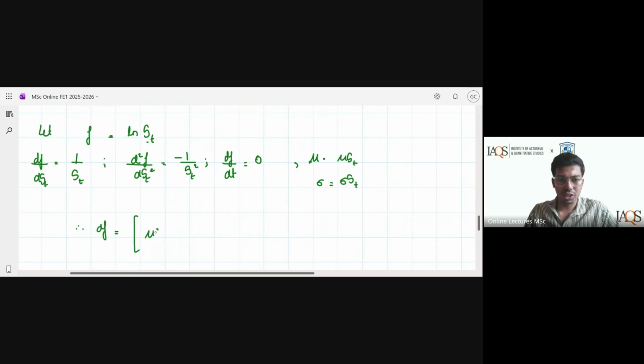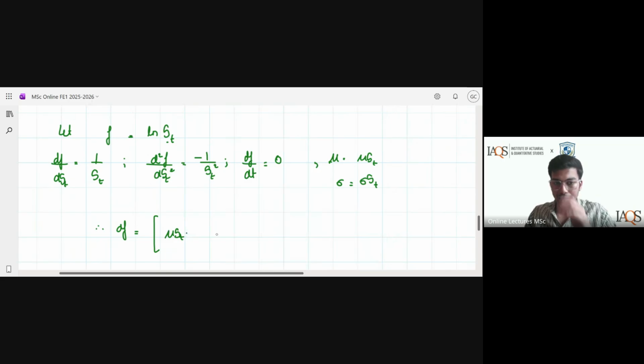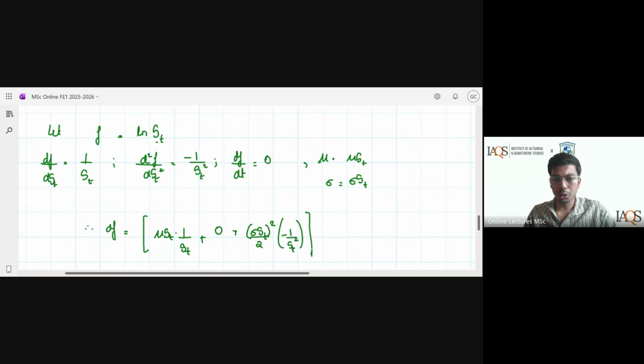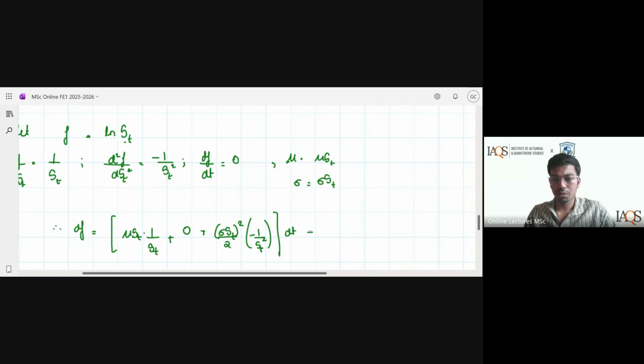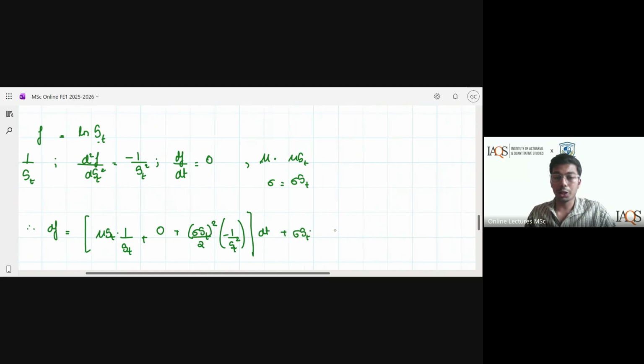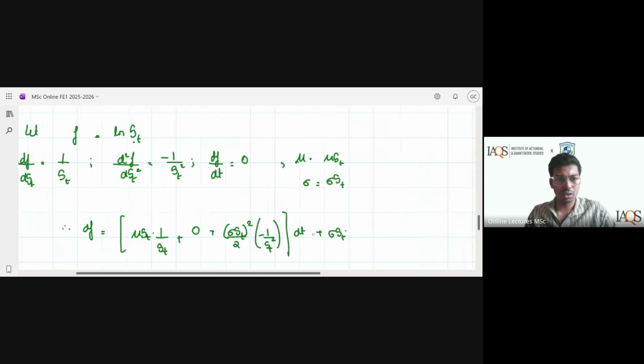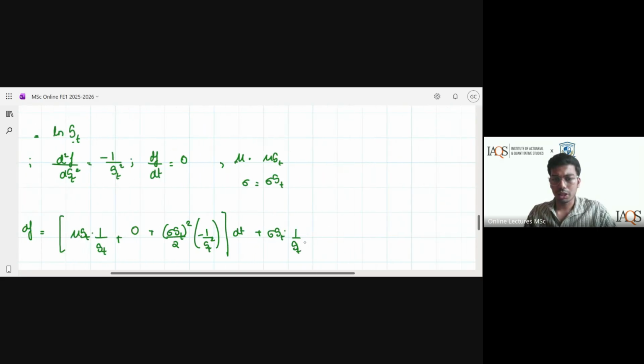Now let's apply our lemma. Mu, which is mu St, into df by dSt, which I know is 1 by St, plus df by dt, which is 0, plus sigma square, which is sigma St the whole square, by 2, double derivative, which is minus 1 by St square, the whole into dt, plus sigma, which is sigma St, into df by dSt, which is 1 by St, into standard Brownian motion, which is dBt.